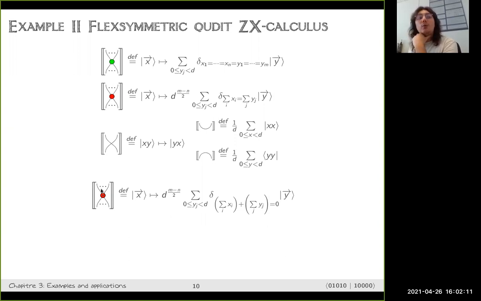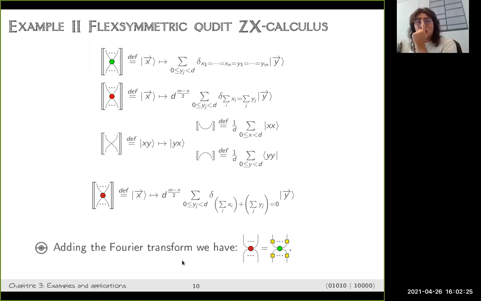And now we have something behaving like the spider of the W or the H boxes, but which now is FLEXSYMMETRIC with respect to the compact structure. And what is more fun with it is that if you define the Fourier transform, I hope this is true, but yes, I think it is, if you define the Fourier transform for qudits, then you have this relation.